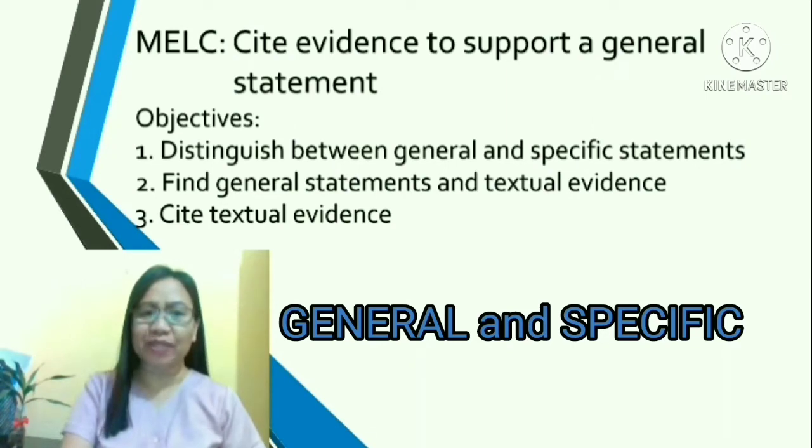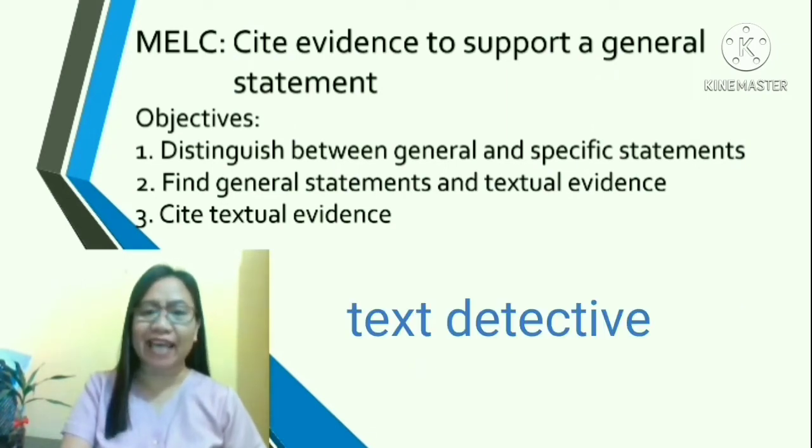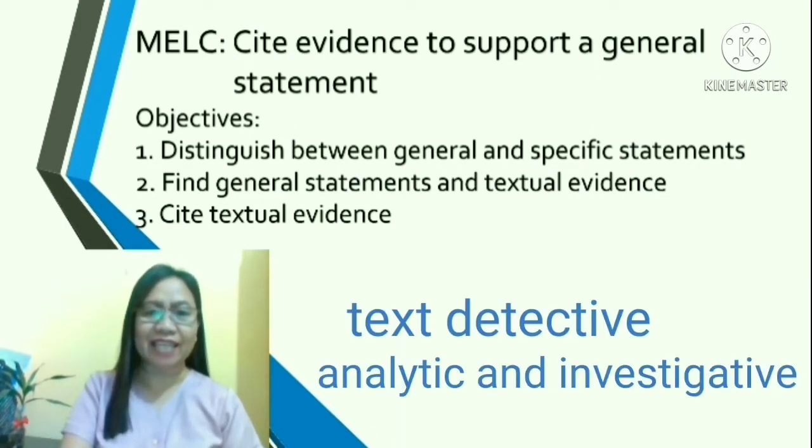Speaking of these two words, today, be a text detective, be analytic and investigative. I will guide you how to cite evidence to support a general statement. So that is our most essential learning competency today.